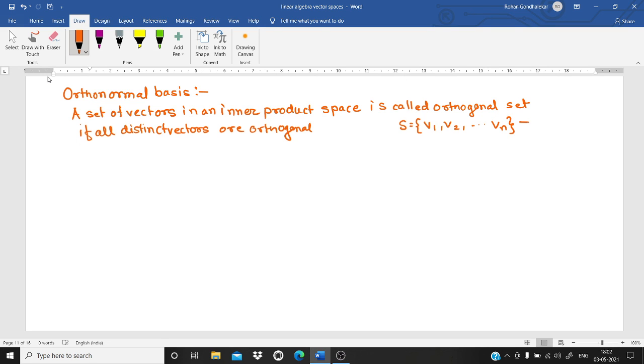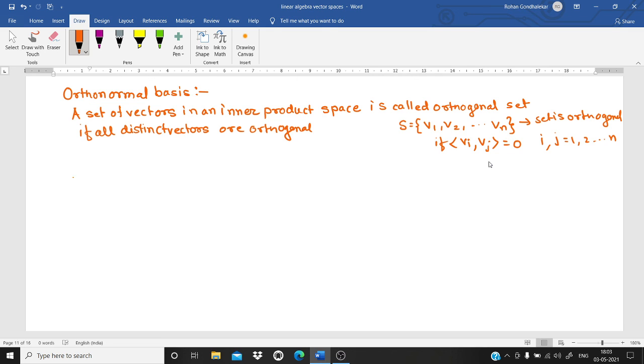The set is orthogonal if the inner product of vi with vj is 0 for i, j equal to 1, 2 and so on up to n, but i is not equal to j.